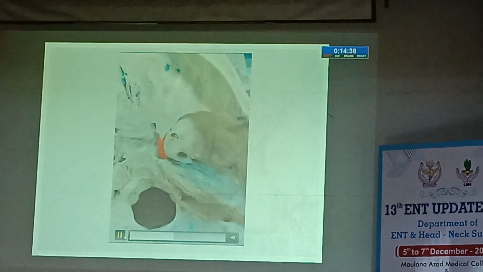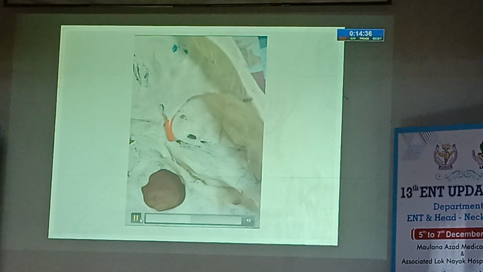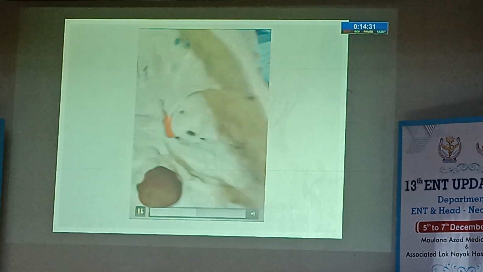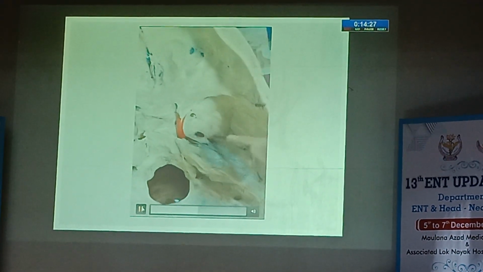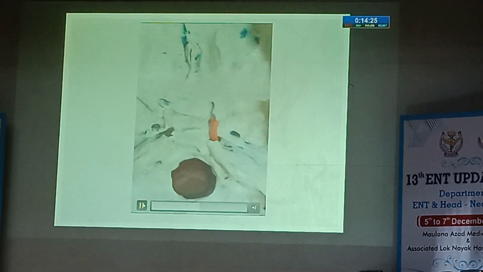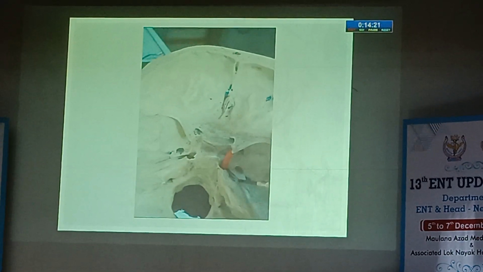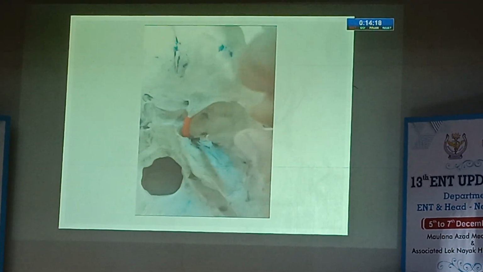It derives its name because of a spine just on the inferior aspect of the sphenoid, and it transmits the middle meningeal artery. There is another foramen called the foramen lacerum. Actually, the foramen lacerum is here.